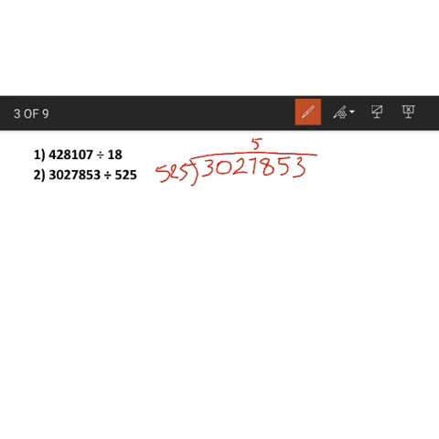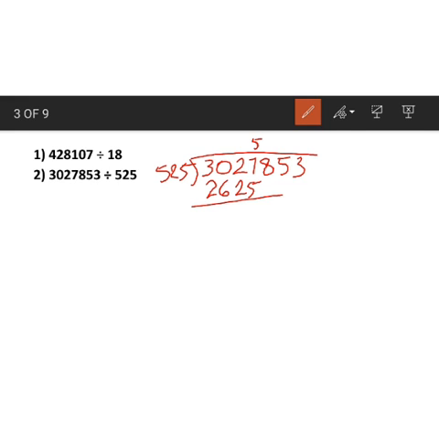And what about the number 2625? It should be written just below 3027. So we'll write it here: 2, 6, 2, 5. Now we'll have to do the subtraction.